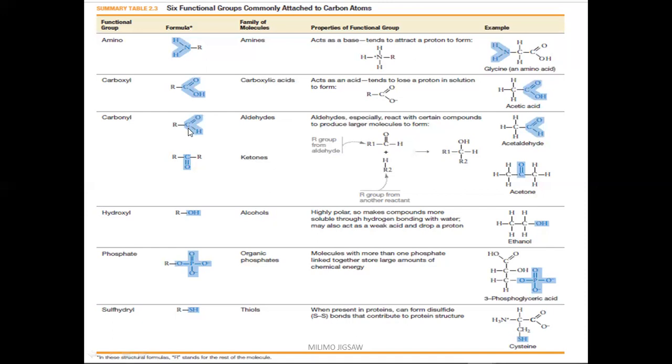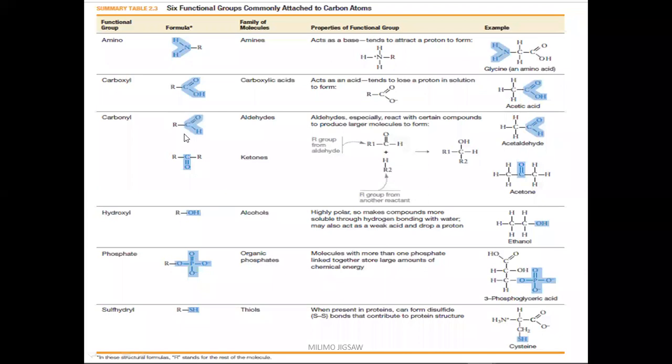Now, the position of this carbonyl group is going to determine the class to which a molecule belongs. For example, we have aldehydes and ketones as examples of carbonyl groups.